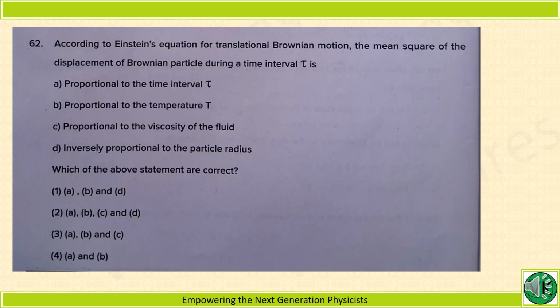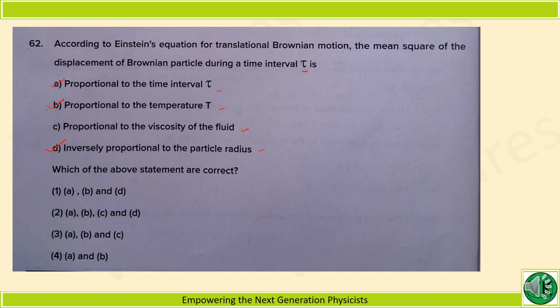According to Einstein's equation for translational Brownian motion, the mean square of the displacement of a Brownian particle during the time interval tau is: proportional to time interval tau, proportional to the temperature T, proportional to the viscosity of the fluid, inversely proportional to the particle radius. In this, options A, B and D are correct.